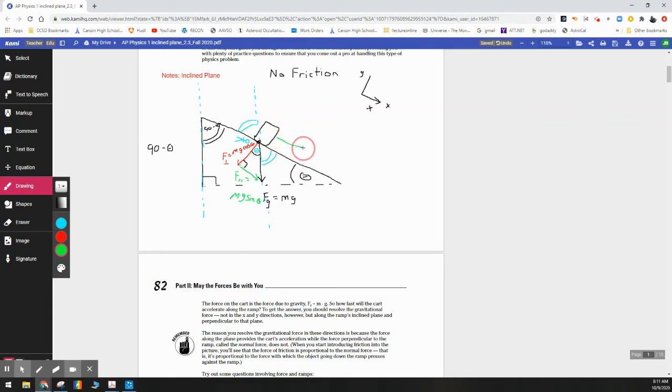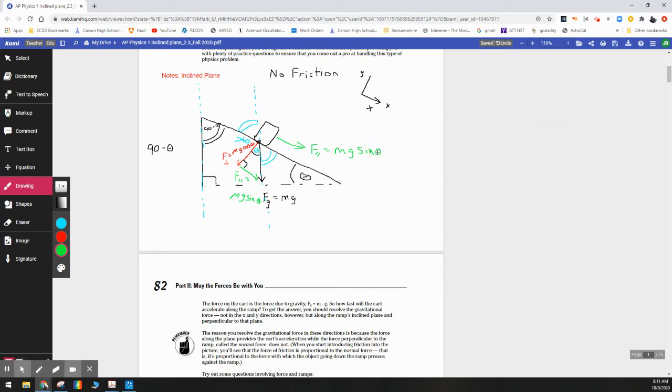This vector is going straight down the line here. So this is the parallel component, and it's going to equal mg sine of theta.